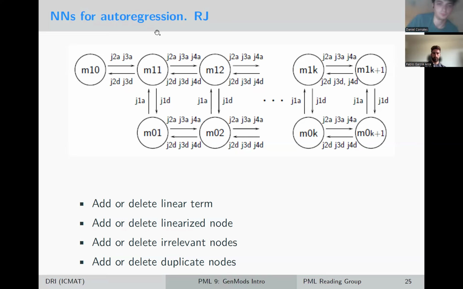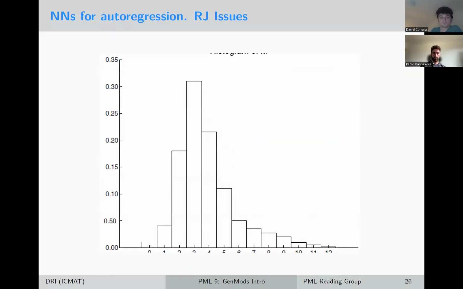And this is a type of reversible jump algorithm, which was described, I believe, by Miguel in session 3 or session 4, if I remember correctly. One of the good things of this kind of approach, which was described by Daniel when he talked about Bayesian neural networks, is that you can get a distribution over the architecture.